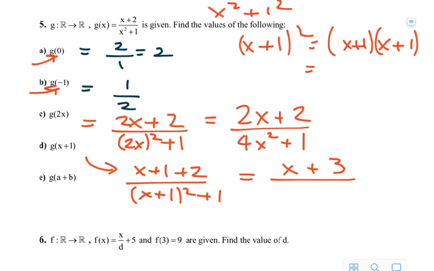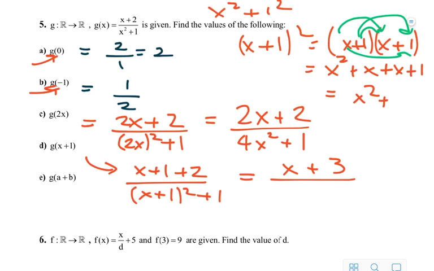And if we multiply x plus 1 times x plus 1, we get x squared plus x plus x plus 1 by doing those 4 multiplications, which simplifies to x squared plus 2x plus 1. And so we've got x squared plus 2x plus 1, plus 2.